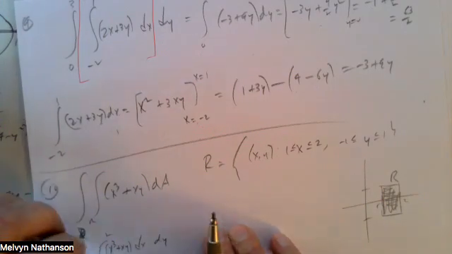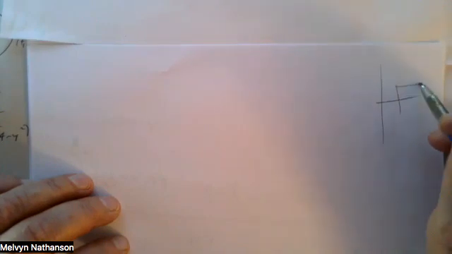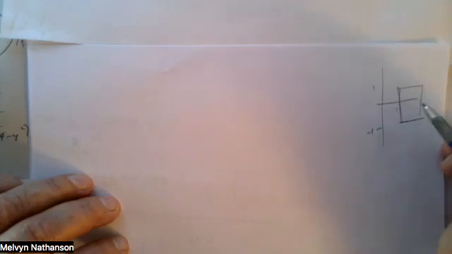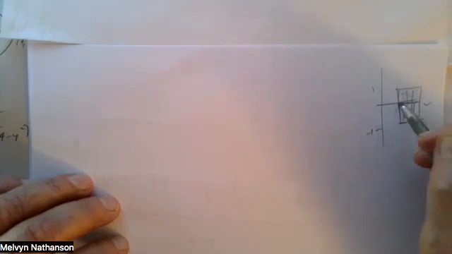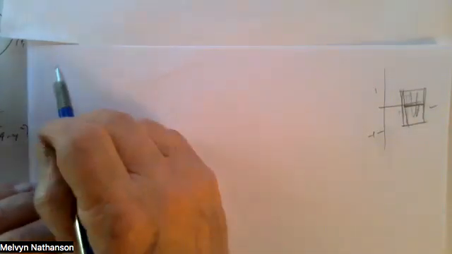Now, let me do it on a clean sheet of paper. So I want to actually do the integral in two different ways. So my region R is x is from 1 to 2, and y is from -1 to +1.